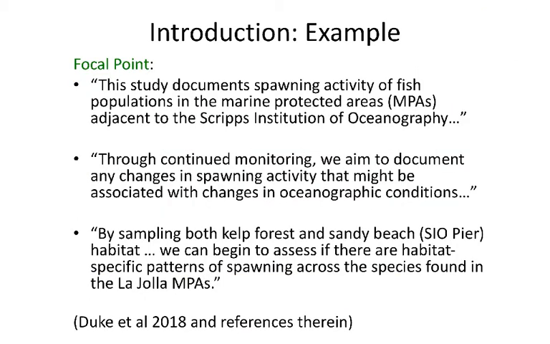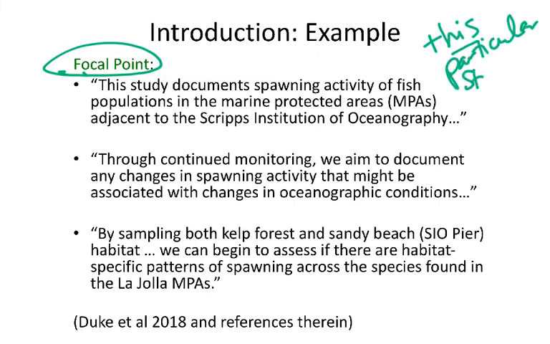And then lastly, we get to the focal point, which is talking about this particular study. And you can see how these all kind of tie together, right? So we know fish egg surveys are useful, but they're not very useful for identifying particular species.